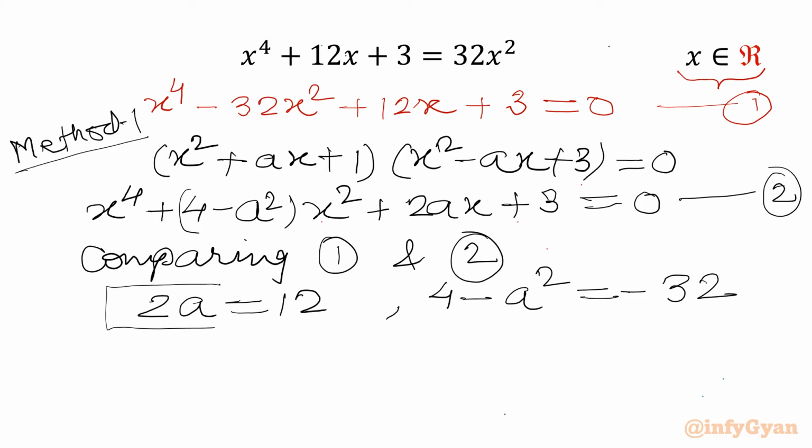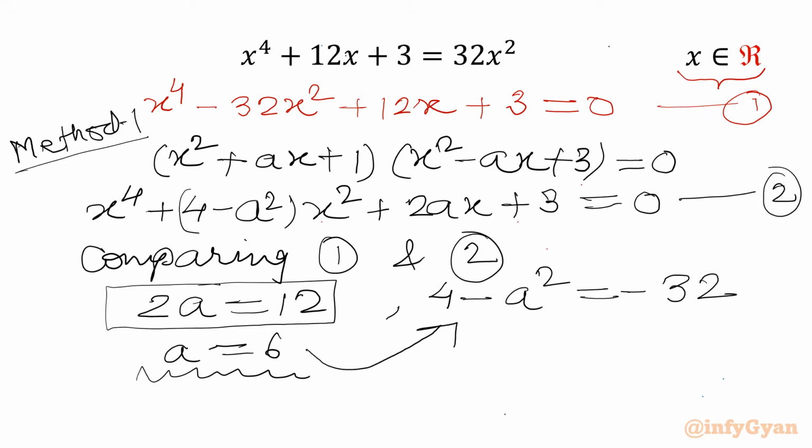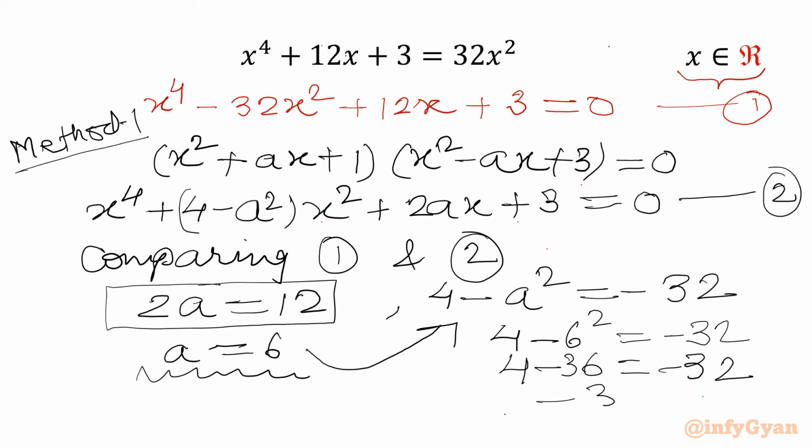I will consider the first equation first. I can write a = 6, which I will apply in the second equation. So 4 - 6^2, is this equal to -32? Let us check. 4 - 36, is this equal to -32? Yes, -32 = -32. That means a = 6 is our solution.